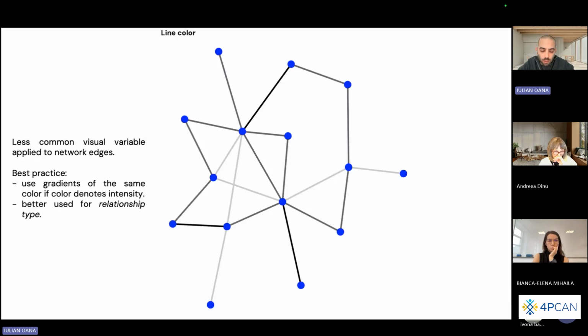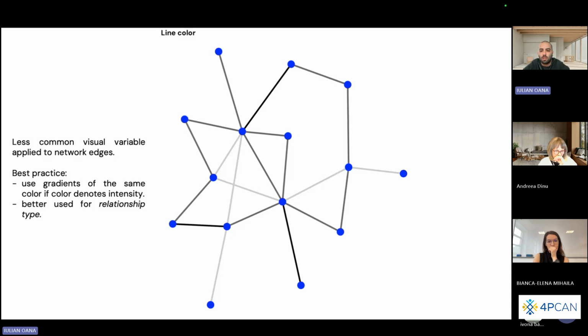So, I repeat, if you use line color to denote intensity, you must enter this logic of color intensity, where you can use various scales and gradients.